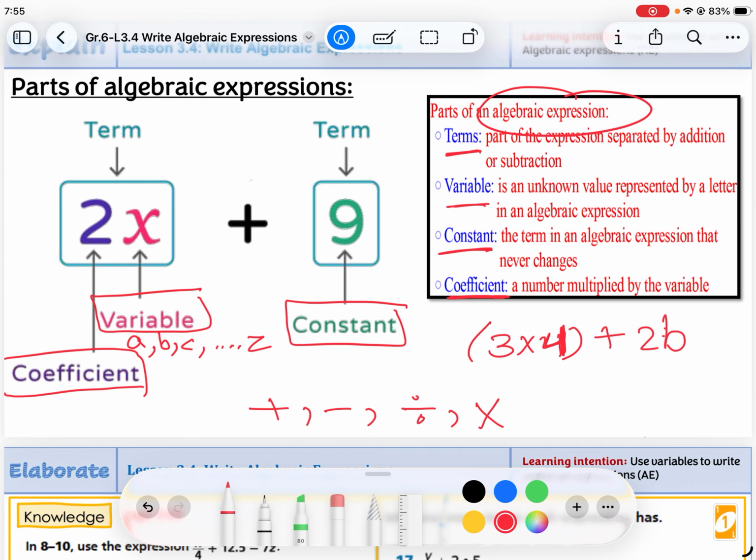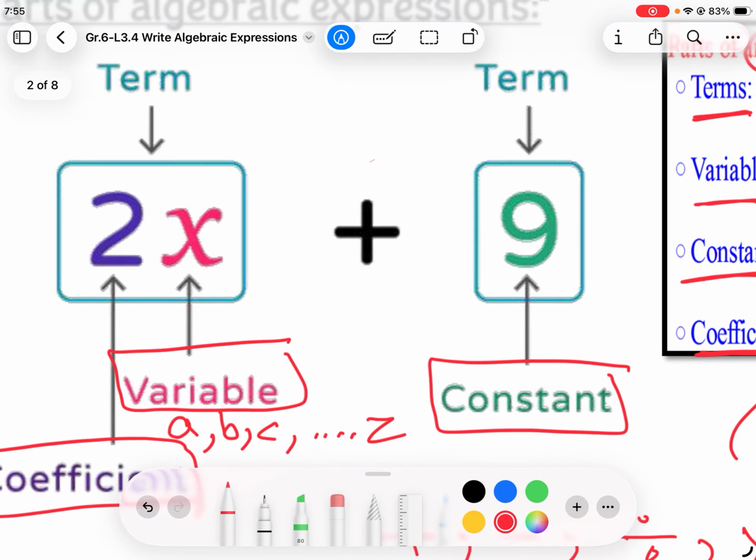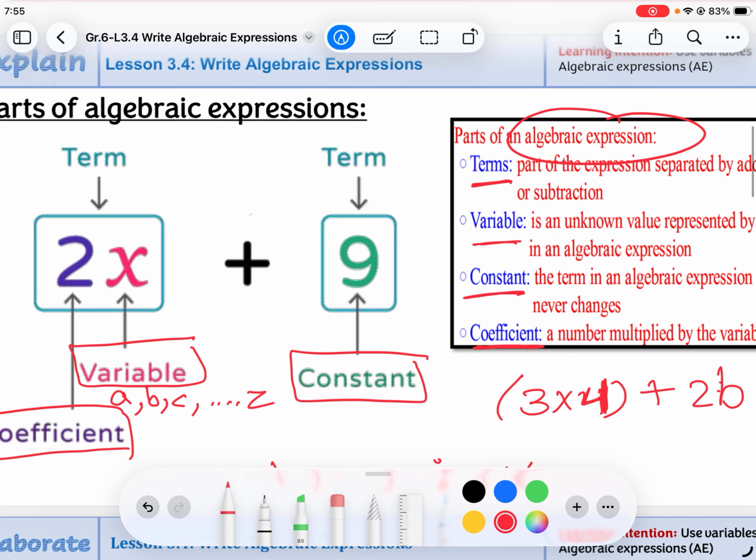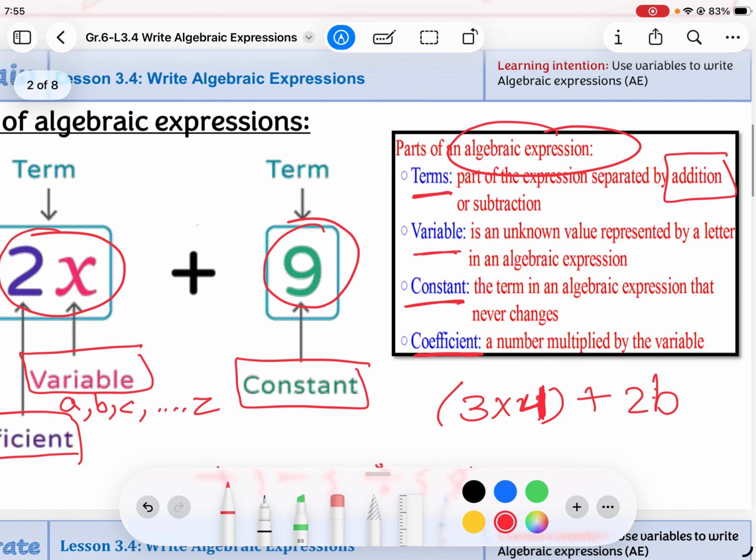Now, each algebraic expression has terms. How can we know how many terms I have in this expression? In 2x plus 9, the first term is 2x. This whole thing is a term. And the second one is 9. How can you tell? Because terms are separated by only addition or subtraction.